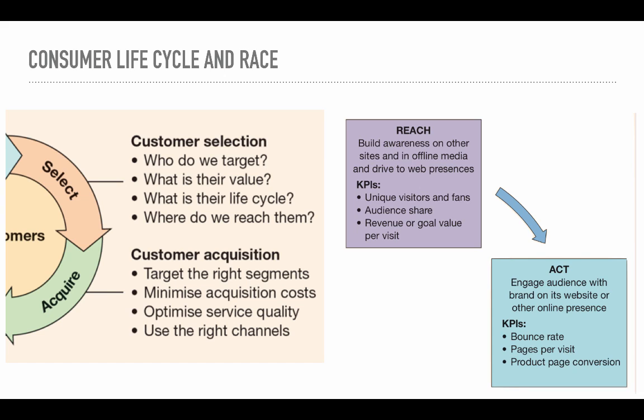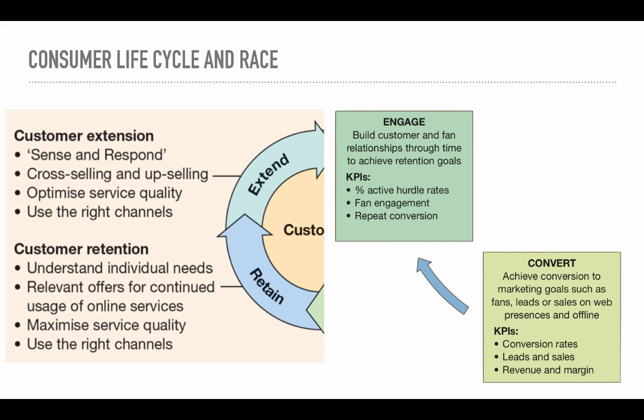So then we're acting. So acquisition, targeting the right segments, minimizing costs. Acting is engaging the audience. Now you'll see here that the reach particularly refers to the online experience, the digital part, whereas the life cycle is more general. It can be completely analog without any digital parts at all.